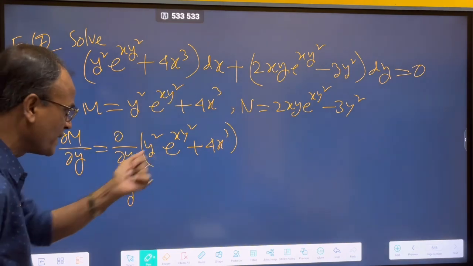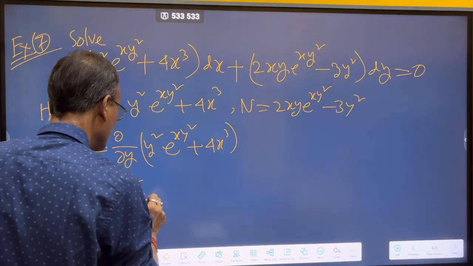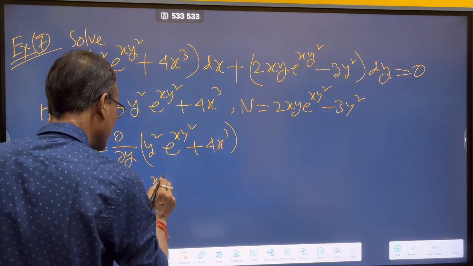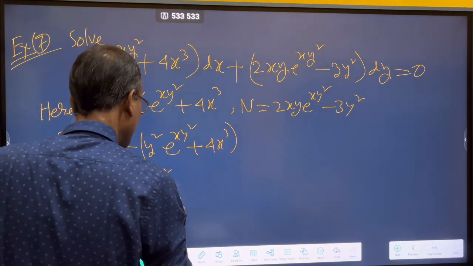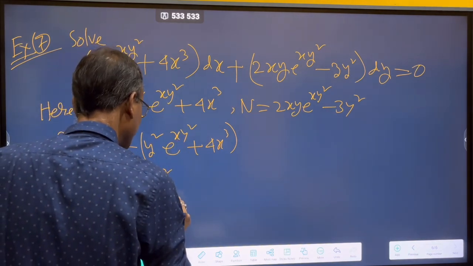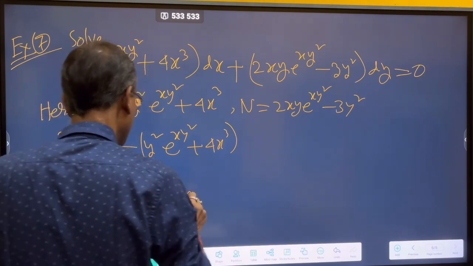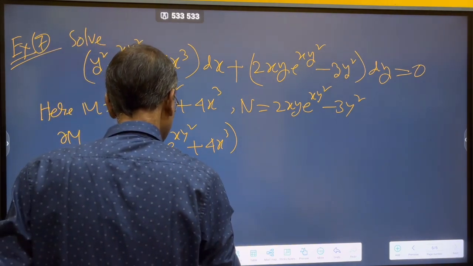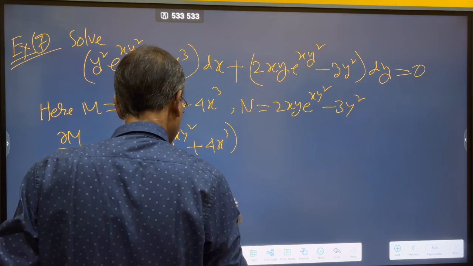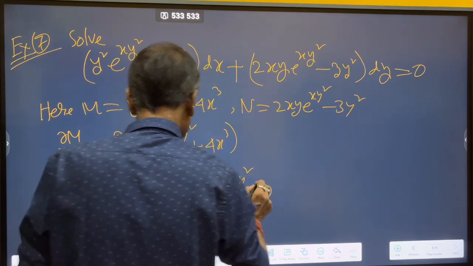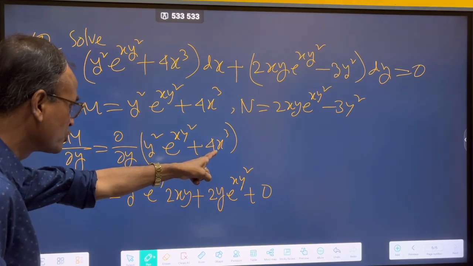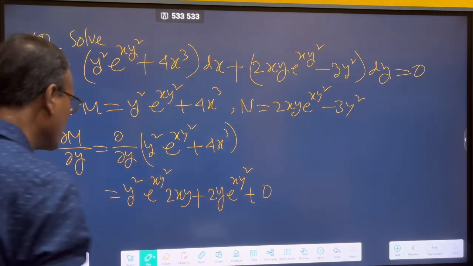This is a product function: first function into differentiation of the second function. Differentiate xy² with respect to y. It will be 2xy plus 2y e^(xy²) plus 0. The differentiation of 4x³ is equal to 0.